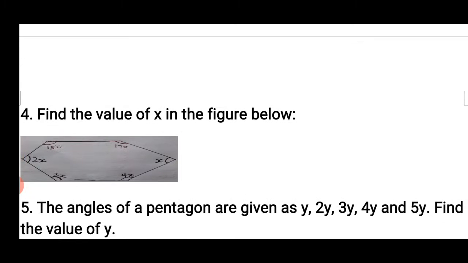Look at the given angles. You have 2 of the angles given, 150 and 170. Then you have 4 of them unknown: 2x, 3x, 4x, and x. So you find the value of x.